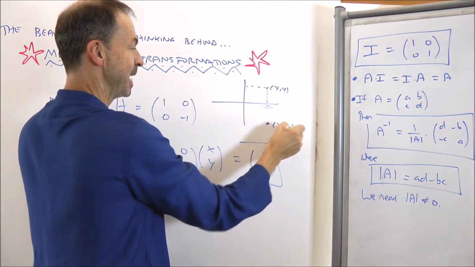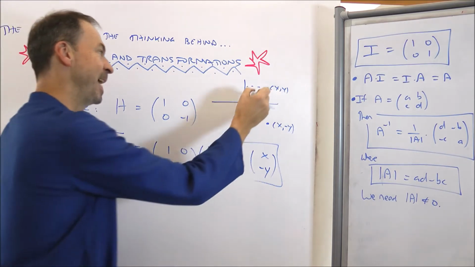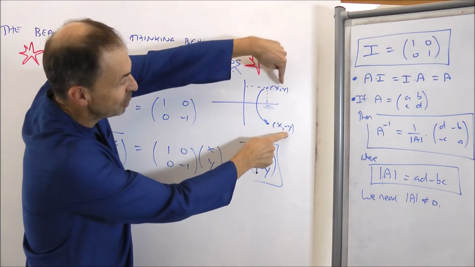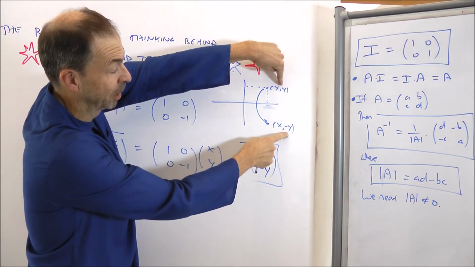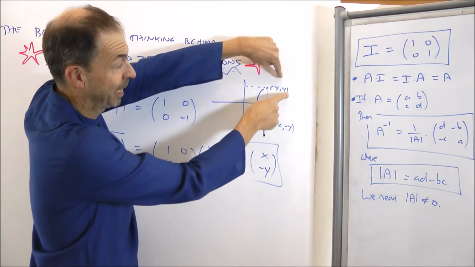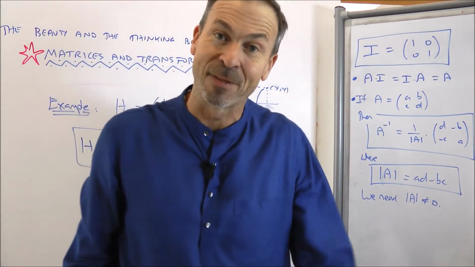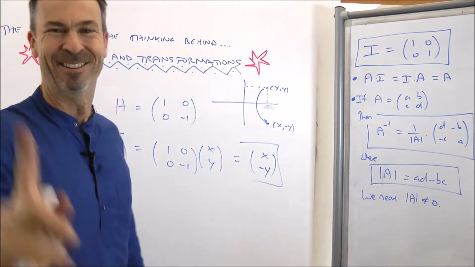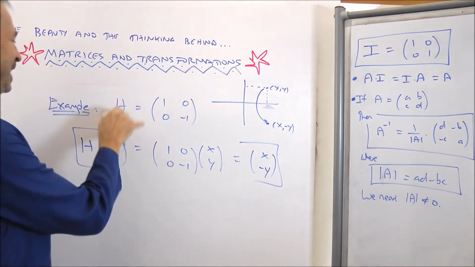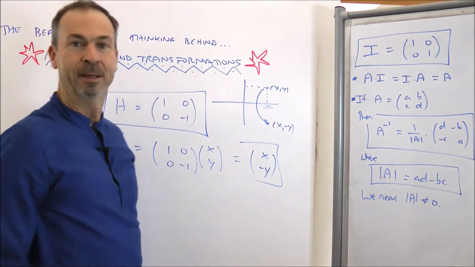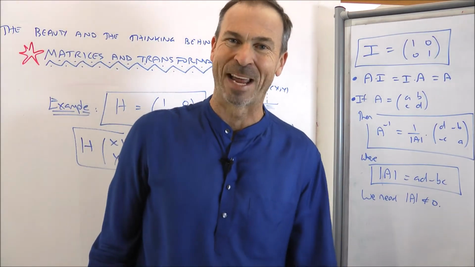There's x, negative y. Oh, it has taken this point and pushed it down there. In fact, it's just changing the y coordinate from positive to negative, or if I went the other way around, from negative to positive. It's actually a reflection about the horizontal axis. Oh, and that's why I called it H. This matrix actually reflects points about the x-axis, the horizontal axis.